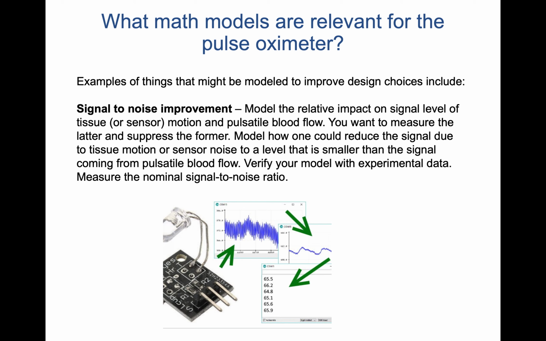Model how one could reduce the signal due to tissue motion or sensor noise to a level that is smaller than the signal coming from the pulsatile blood flow. That's called the signal to noise ratio. You want that always to be larger than 1. Verify your model with experimental data and measure the nominal signal to noise ratio of your sensor.